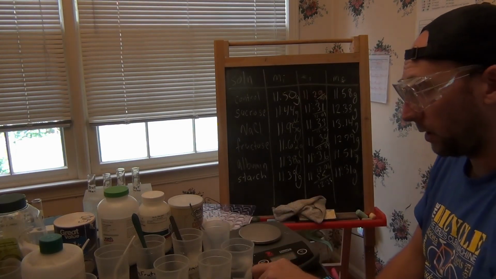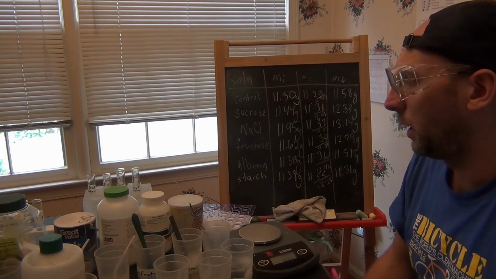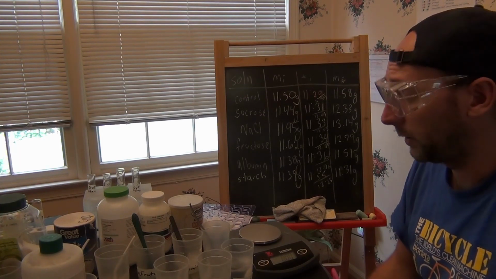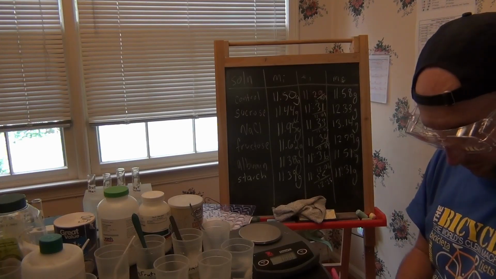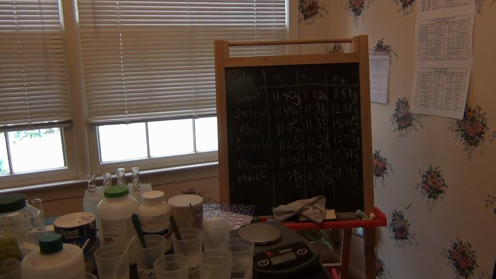What we're going to do next is check on a starch test. We're going to see if starch moved to the outside or stayed inside. So, just going to make sure my syringe is clean.